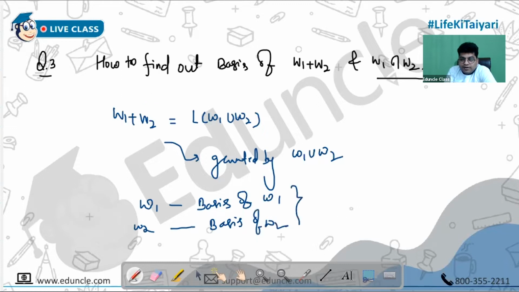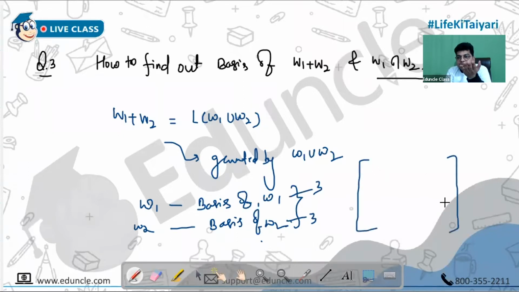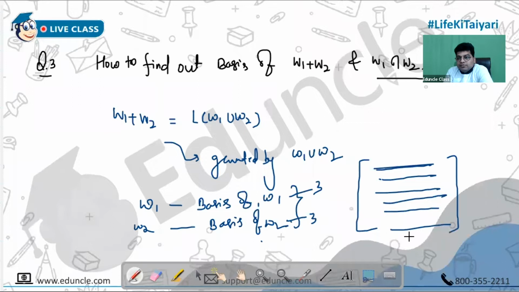Okay, and find out the union that is generated. Now you have to eliminate the linearly dependent elements. Let us consider this has 3 elements, this has 3 elements. Put in a matrix. If this is of R^n type, put it in row echelon form, okay, like this, and convert into the maximum possible linearly independent set.